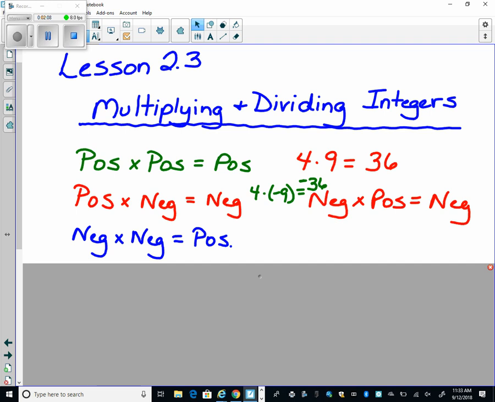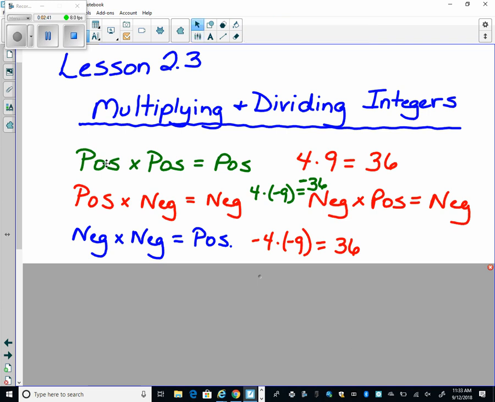So for example, if I were to take negative 4 times negative 9, I'm going to get an answer of a positive 36. 4 times 9 is 36, and negative times a negative is a positive. This is a little confusing when you go back to addition. Remember, if you add 2 negatives, you get a negative. But if I multiply 2 negatives, I actually get a positive.